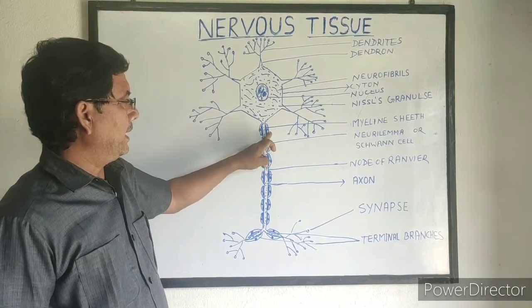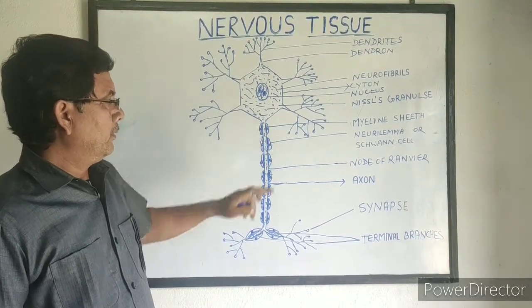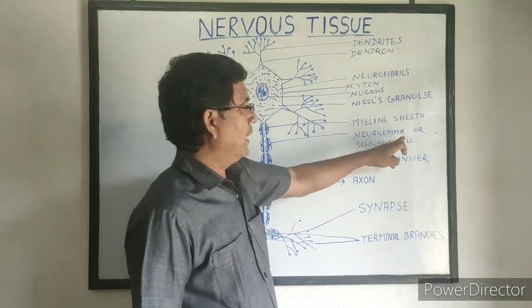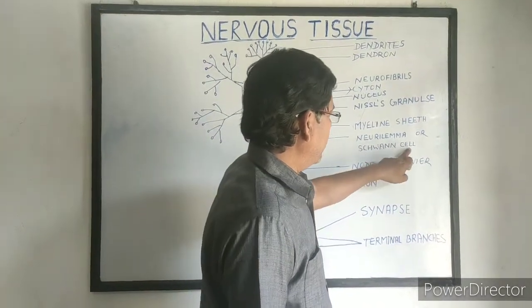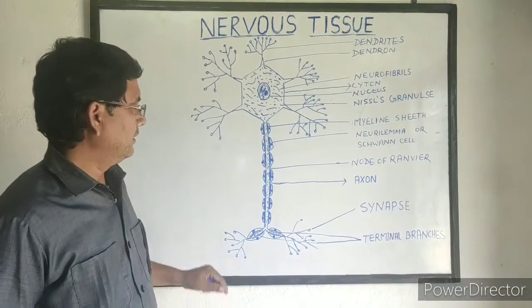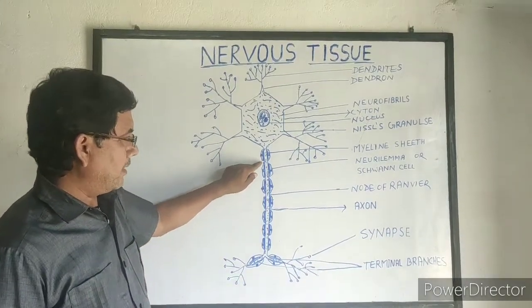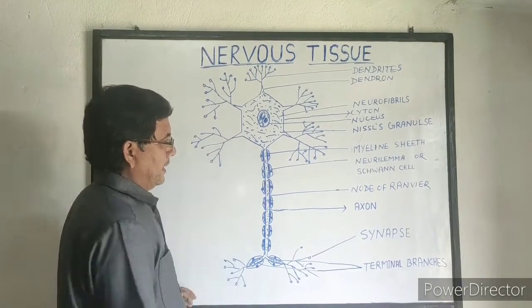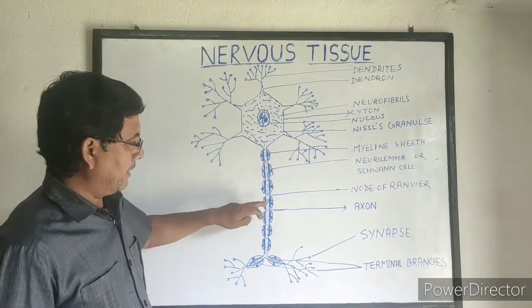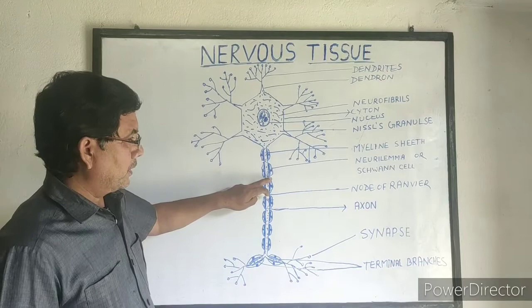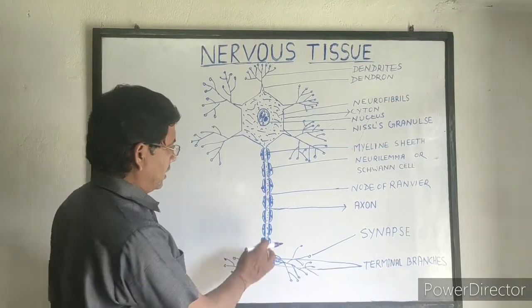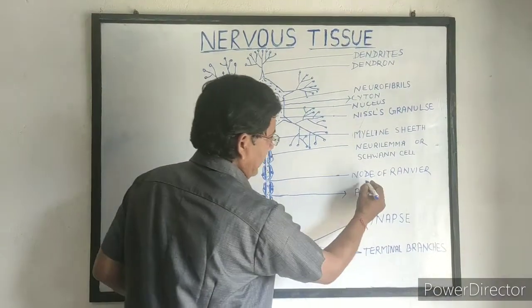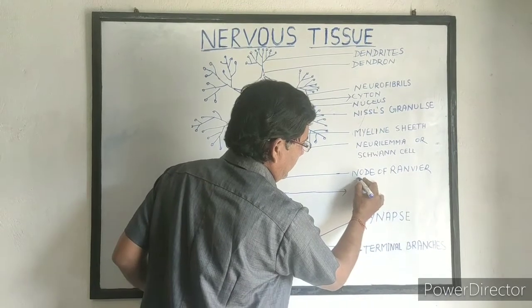Above the myelin sheath, there is another covering, which is called the neurilemma or Schwann cell. At some places on the axon, both the myelin sheath and neurilemma are absent. These portions are called the nodes of Ranvier. Here is the node of Ranvier.